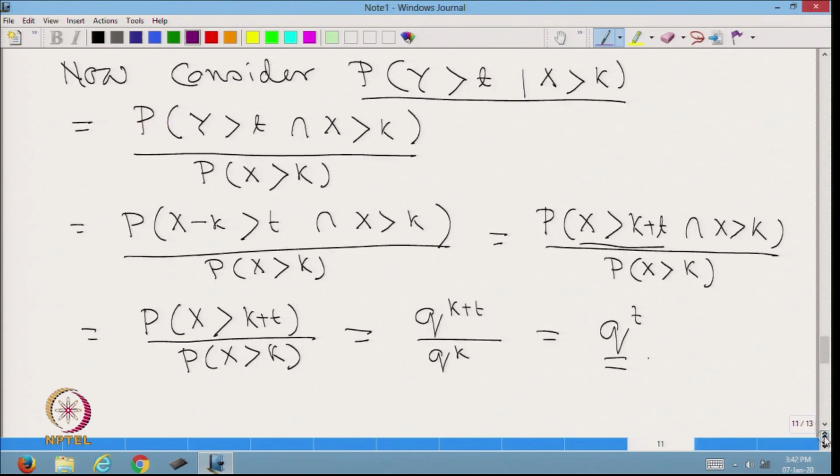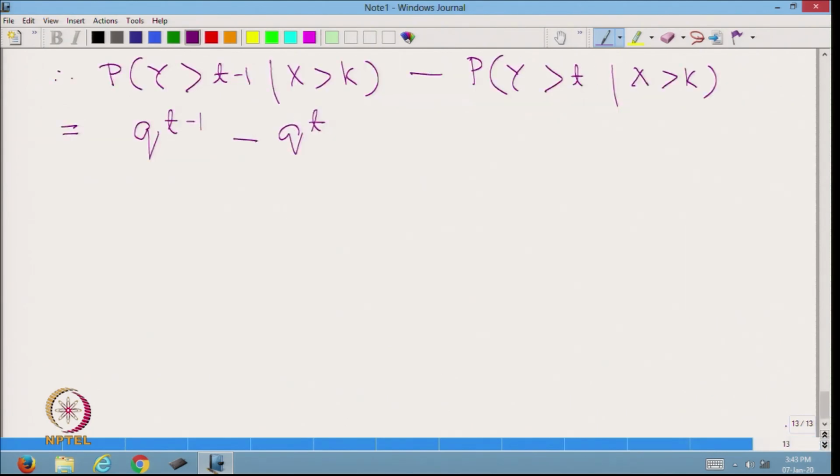This is because probability Y greater than t given X greater than k is q to the power t, and in a very similar way Y greater than t minus 1 given X greater than k is q to the power t minus 1.